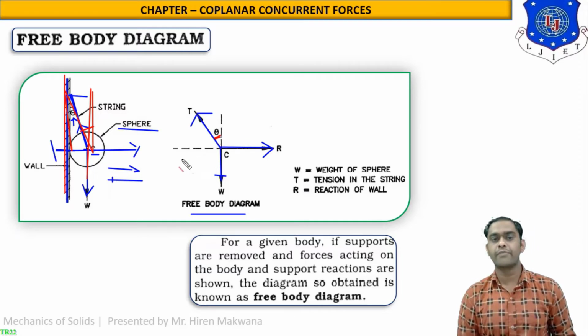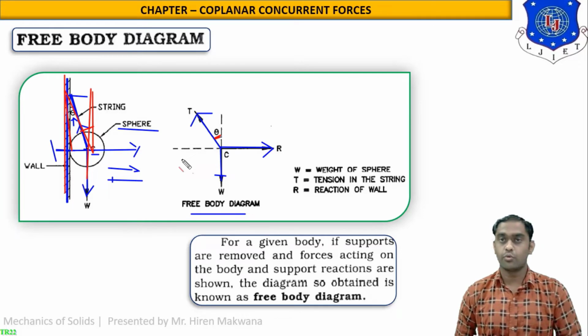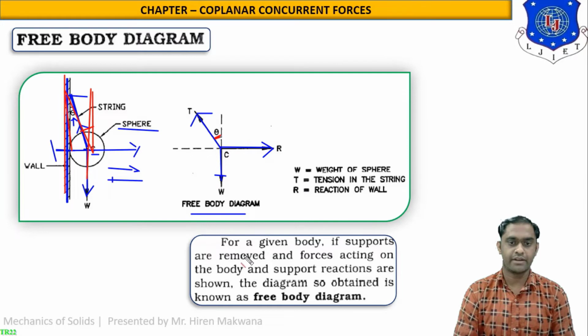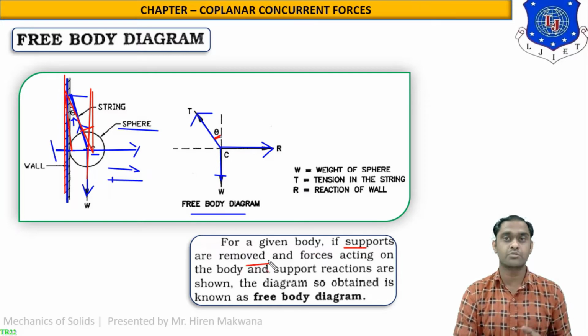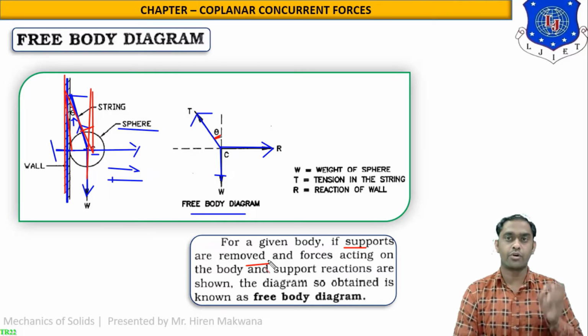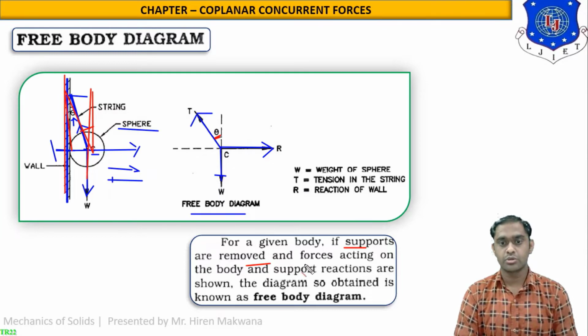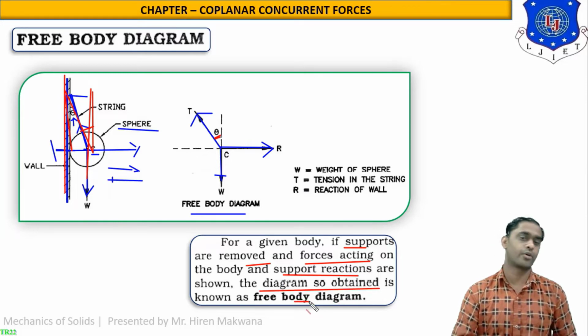So here the free body diagram is completed. So what is a free body diagram? If you want to define it, then for a given body, if supports are removed, meaning the wall is removed and the string is removed, only the forces acting on the center of the sphere are drawn. So forces acting on the body and support reactions are shown. The diagram so obtained is known as a free body diagram.